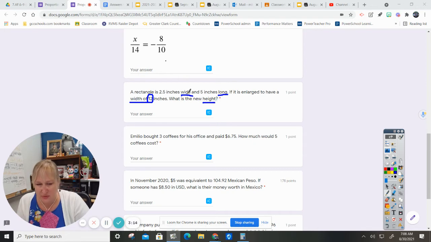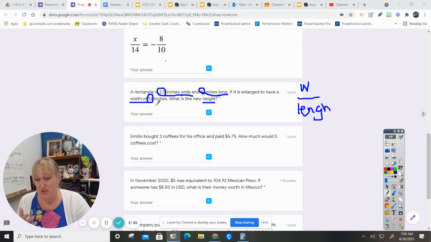So it's going to be comparing. This problem might not be a perfect one, but I can tell that it's width to, I'm going to say length, even though the second one says height. I have to use some common sense. It tells me width and it uses that word twice, so those are going to be compared.